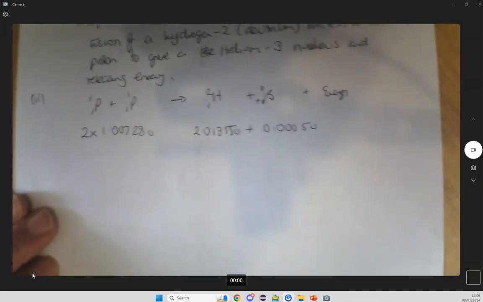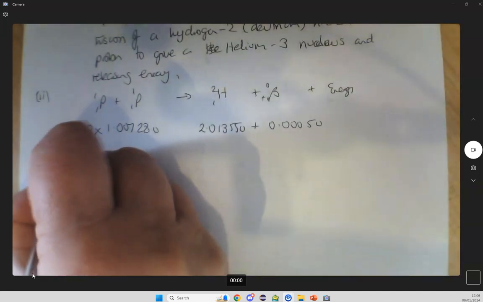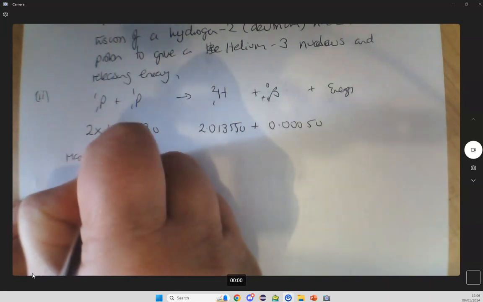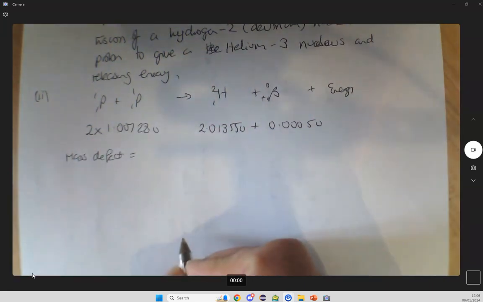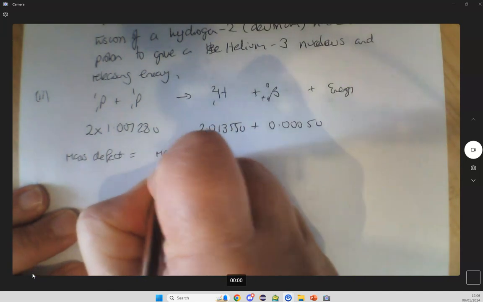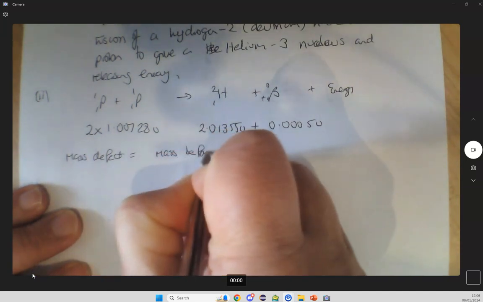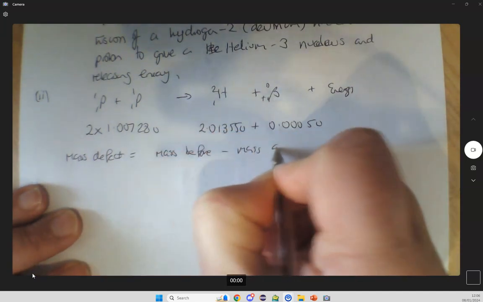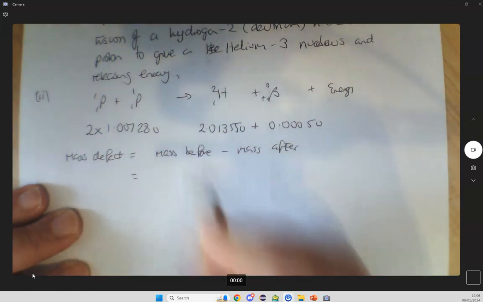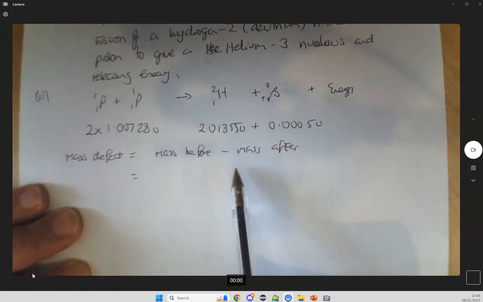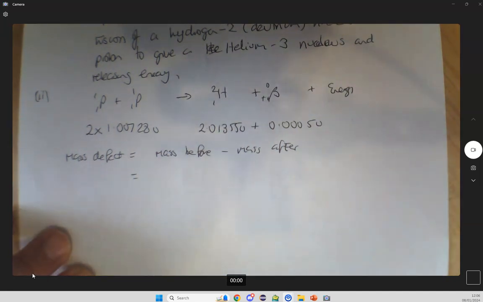To work out how much energy is released, we're going to work out the mass defect. That's the mass before minus the mass after, because whatever that defect is, that additional mass is lost as energy.